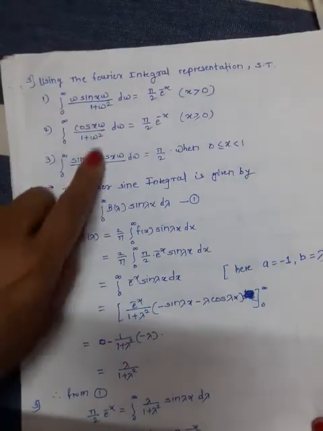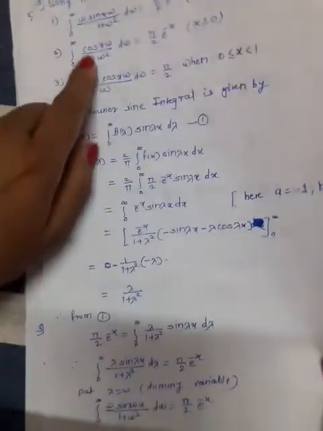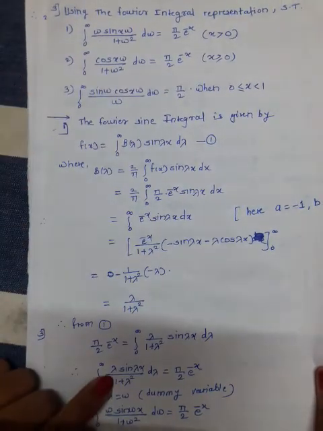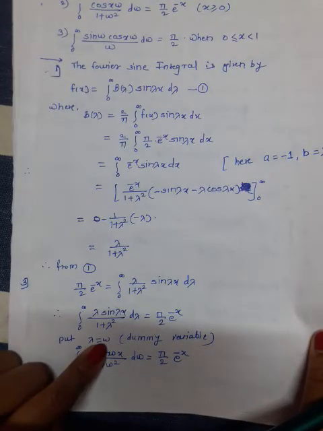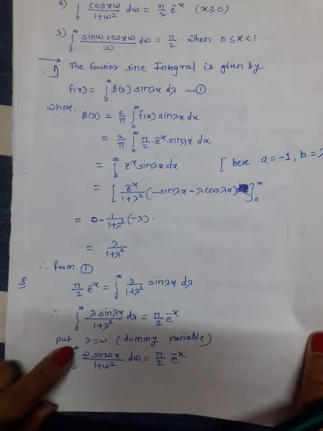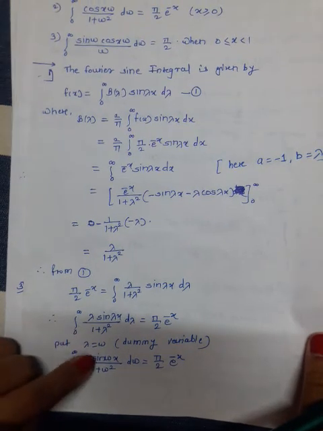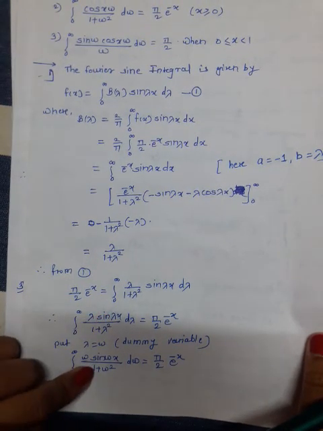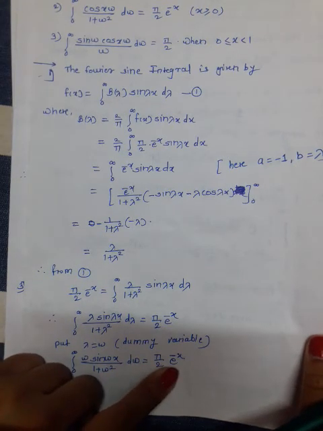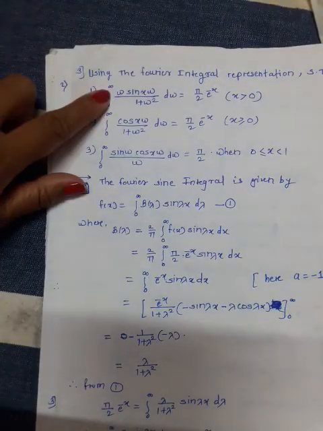This is what we want to prove here. Instead of omega, lambda is there, but it is just a dummy variable, so just put lambda equal to omega everywhere. We get integration 0 to infinity omega sin omega x upon 1 plus omega square d omega is equal to pi by 2 e raised to minus x. This is our first answer.